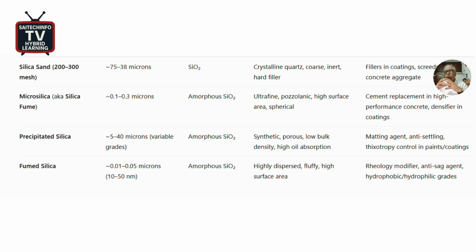It has a very, very high surface area. So this can be very effectively utilized as an anti-sagging agent, and it has fantastic hydrophobic characteristics also. So wherever you want foolproof hydrophobicity, that is, waterproofing is required, you can think of using this fumed silica, and it is a great rheological modifier also.